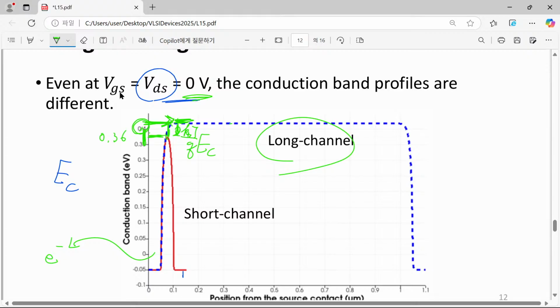Then maybe you can ask me this question: why do we have this barrier lowering? We have not introduced any drain voltage, but what happens? Please have a look at this long channel behavior.